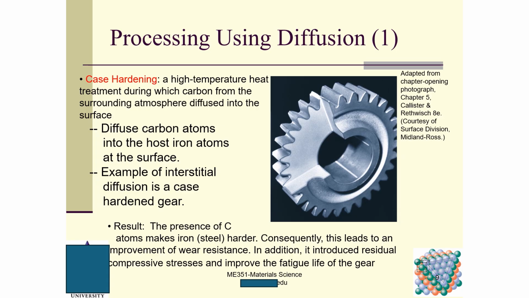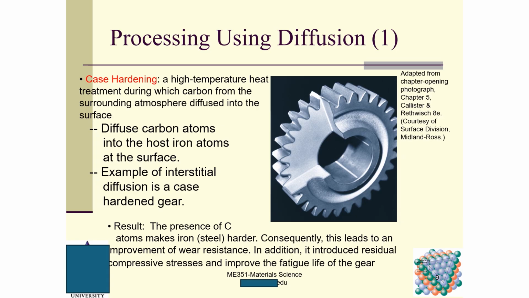But if we put in a solid material that contains carbon, the diffusion process will be very, very slow. So usually we use either carbon-containing gases or carbon-containing liquids. Carbon-containing gases are more commonly used in case hardening.